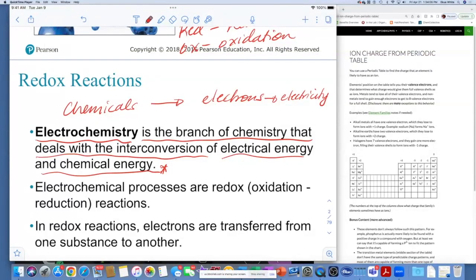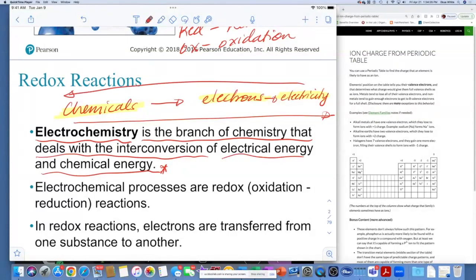Right. So the idea is you can go in the forward conversion from a chemical, get the chemical to release electrons, the electrons traveling generates electricity, or you can do the reverse. And in the reverse, you're pretty much using electricity to take up electrons to deposit chemicals. So that's how the reverse reaction takes place.